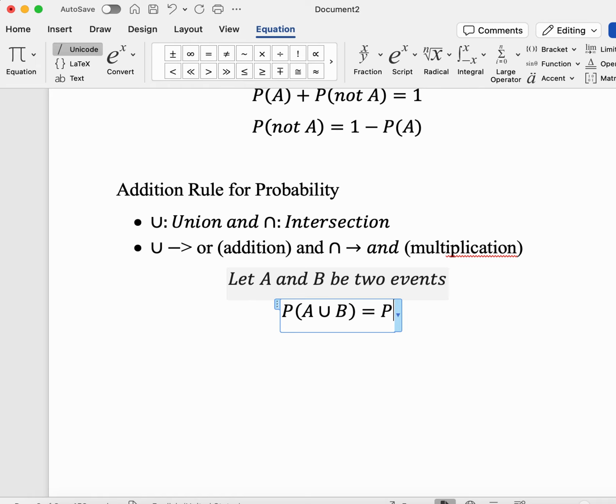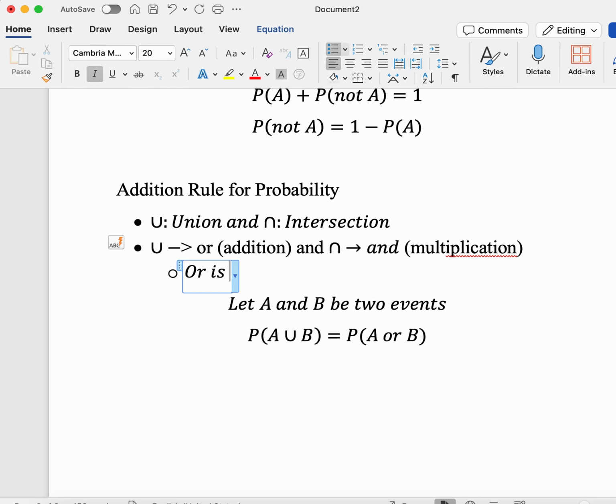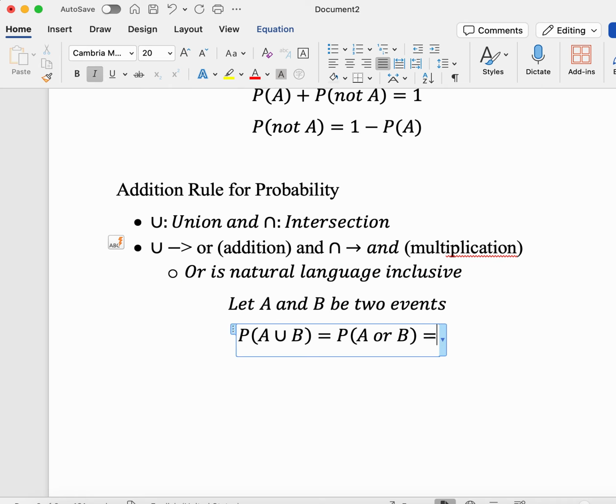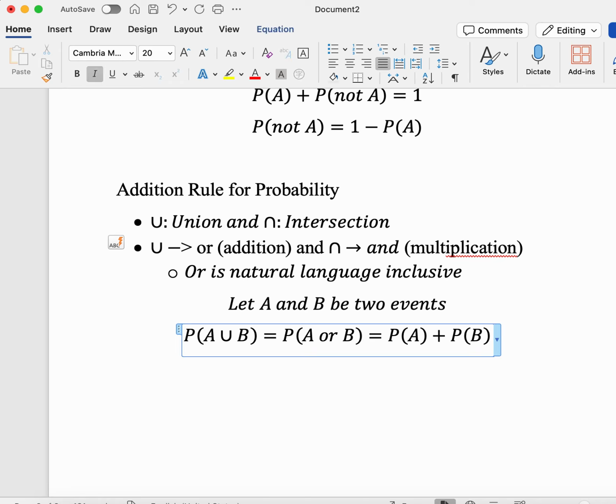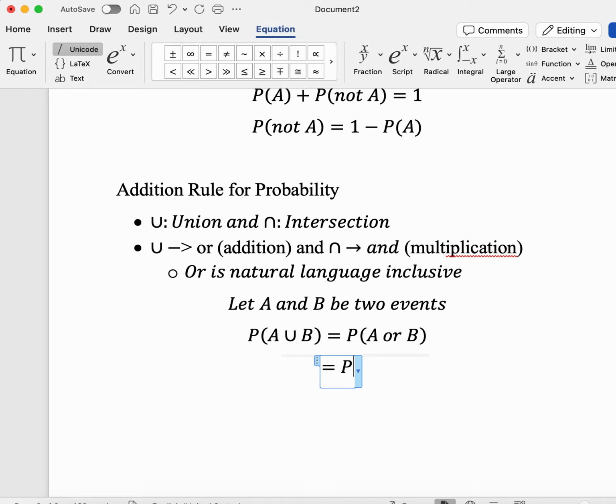Then P of A or B, and note this or needs to be inclusive, equals the probabilities of the two events added together, minus the probability of the intersection of the two events. P of A plus P of B minus P of A intersection B.